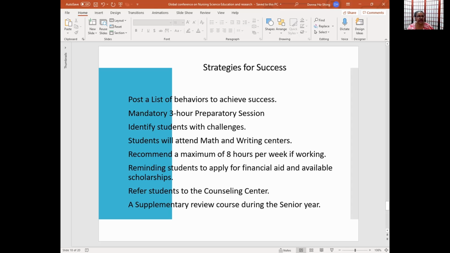And what we looked at in this was time management, study habits, note-taking skills, talking about resources that were there for them, like the Math and Writing Center, library use and navigation of the online library, NCLEX review texts. So we would show and talk about critical thinking as well.